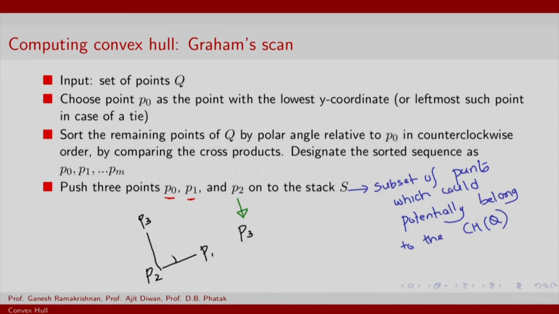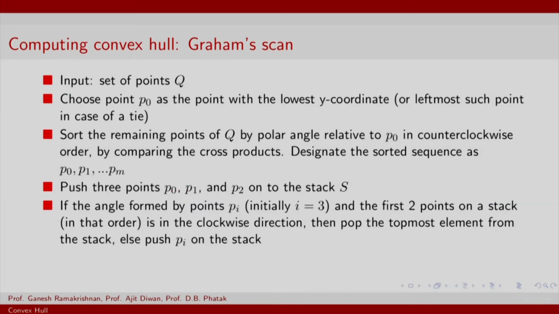An angle of this sort, which indicates a counterclockwise rotation of P3 from P1 with respect to P2, will mean that P2 should get excluded. On the other hand, if P2 were such that P3 is rotated clockwise from P1 with respect to P2, then P2 should get included.